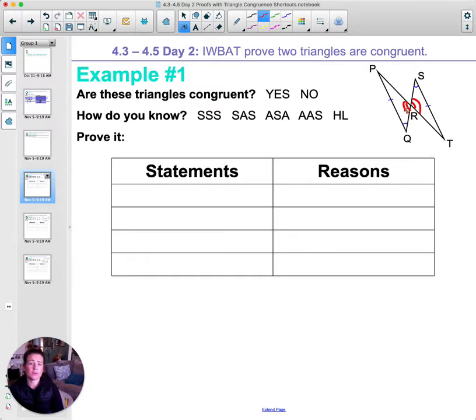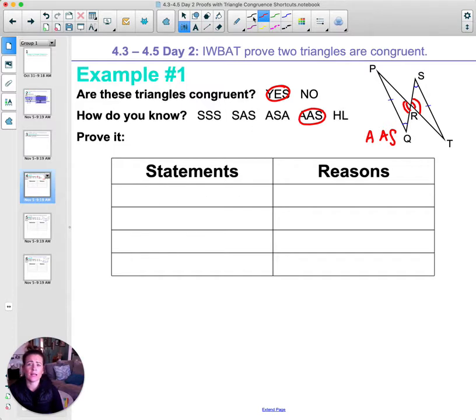Then when we look within this triangle, we see 2 angles and a side. That side is not between them, so we're going to put the S not between the A's. So these 2 triangles are in fact congruent by angle, angle, side. So that's going to be yes.